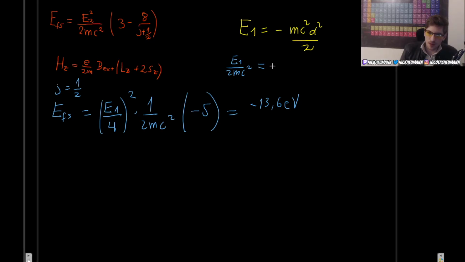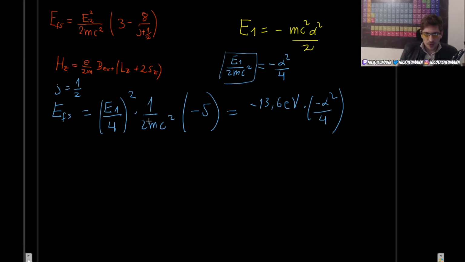So we would have that this is minus alpha squared over 4. All right, so we used one of our E1s as minus 13.6 electron volts, and the other one we used to, instead of having E1 over 2mc squared, we now have minus alpha squared over 4. So times minus alpha squared over 4.